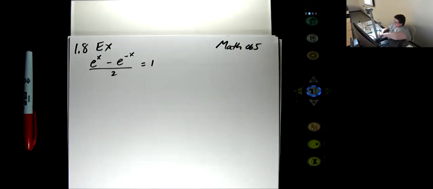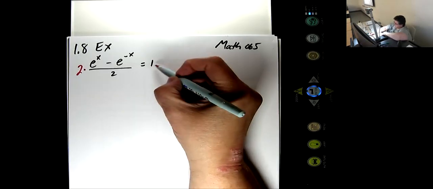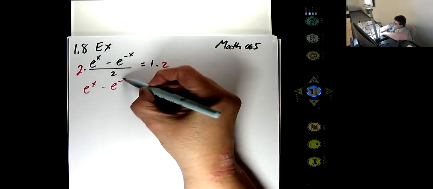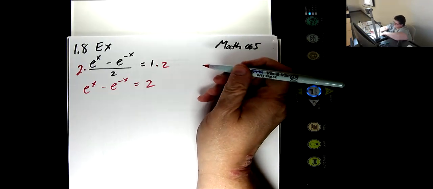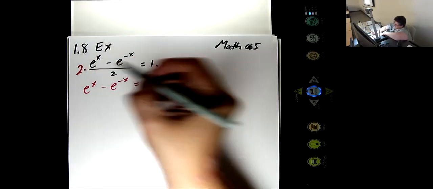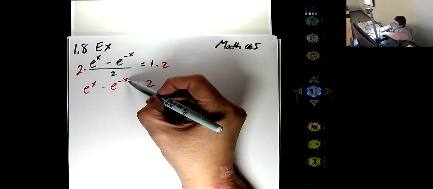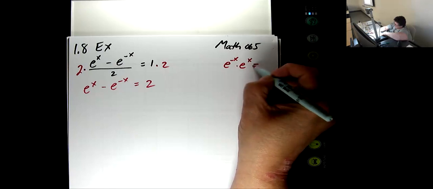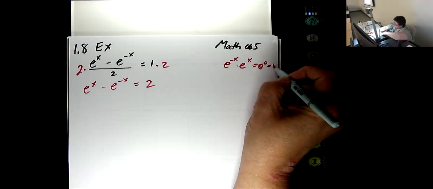So what we're first going to do is multiply by 2 on both sides. And I get e to the x minus e to the negative x equals 2. I don't like the e to the negative x, but e to the negative x times e to the x is e to the 0, which is 1.